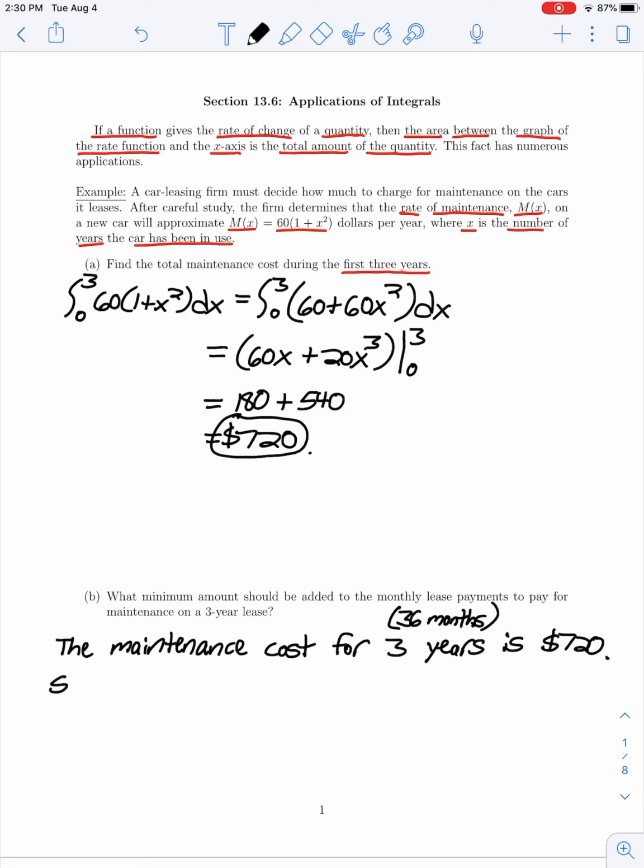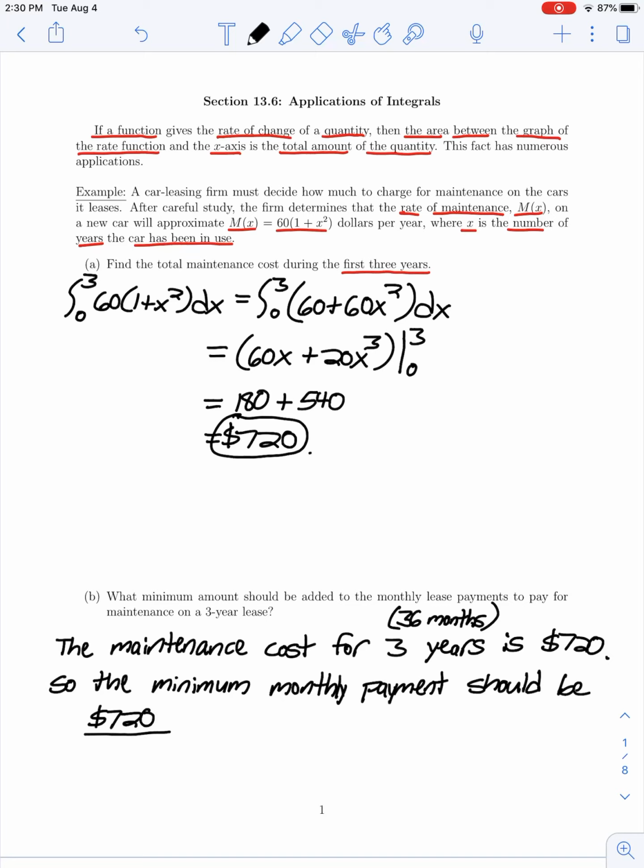So the minimum monthly payment should be our $720 divided equally among 36 months, which would give us a rate of $20 per month.